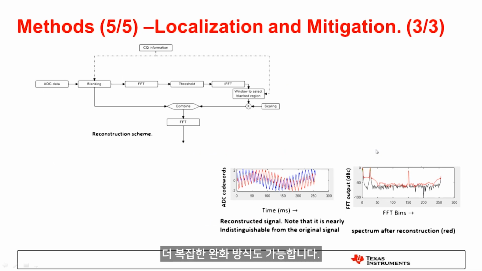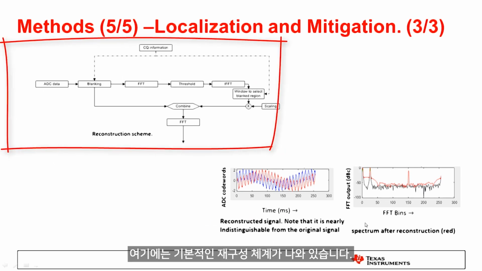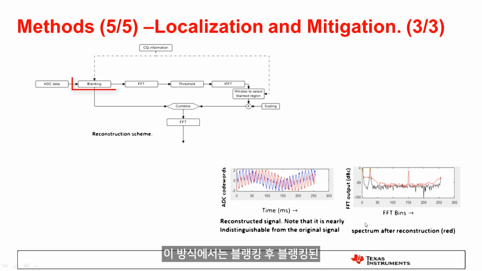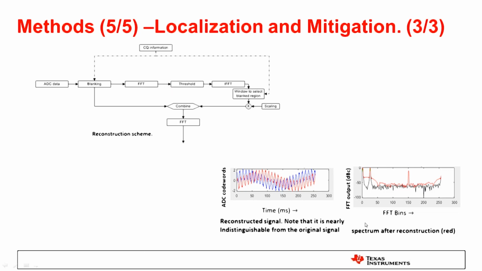There are more complex mitigation schemes that are possible. Here, a basic reconstruction scheme is shown. In this scheme, after blanking, an FFT is performed on the blanked ADC signal. The output of the FFT is thresholded so that only peaks that have been unaffected by the blanking procedure are preserved.